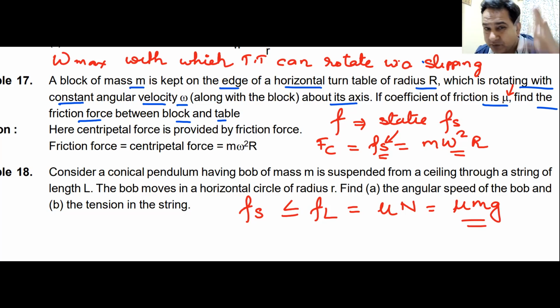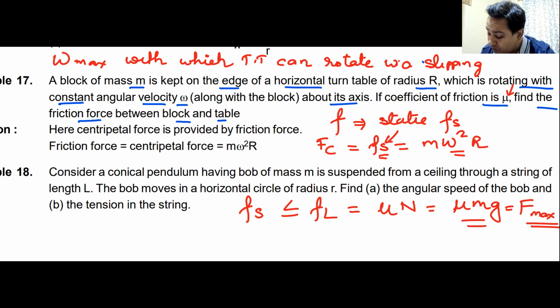Now, if friction cannot become more than this, this is the maximum centripetal force that I can have. Centripetal force cannot be more than this value. So this is the maximum value of centripetal force, F max. Whatever speed I can move it with this centripetal force will be my maximum speed.